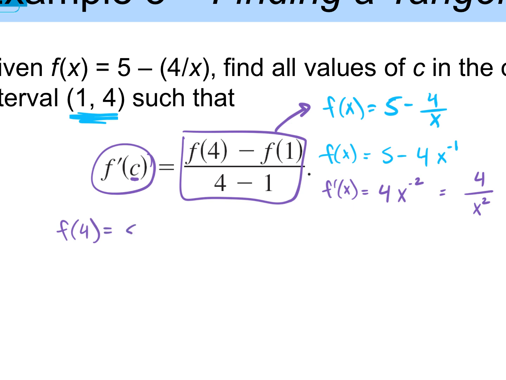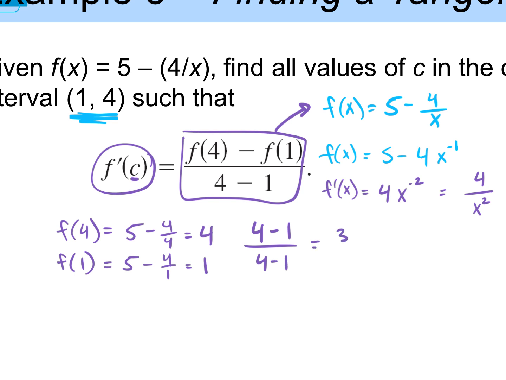When we plug 4 in, we get 5 minus 4 over 4. So 5 minus 1 would be 4. F of 1 is 5 minus 4 over 1. So 5 minus 4 would be 1. So the slope is 4 minus 1 over 4 minus 1, which gives us 3 over 3, which is 1. So our slope of our secant line is 1.